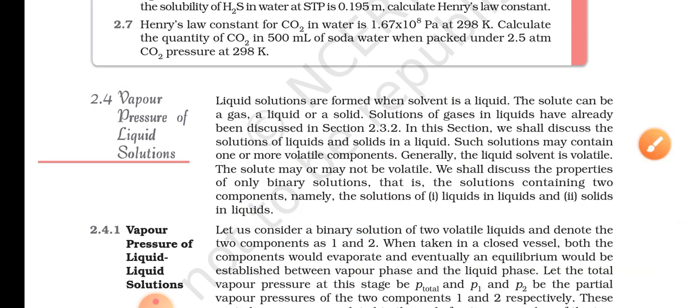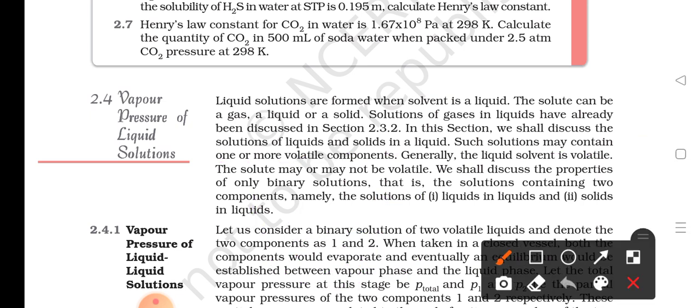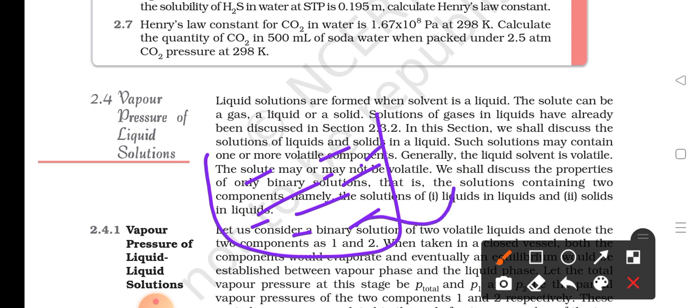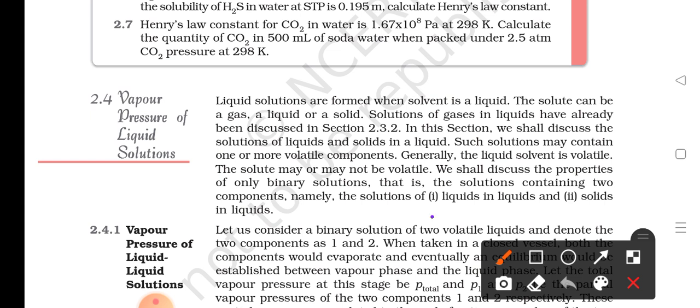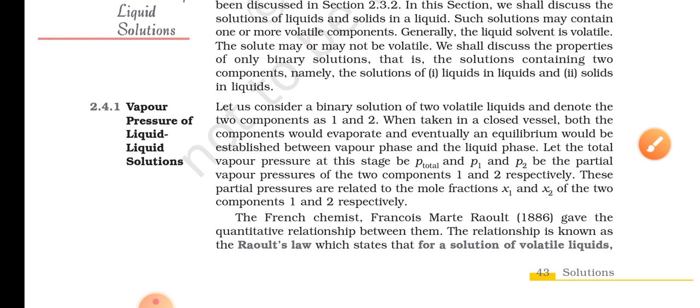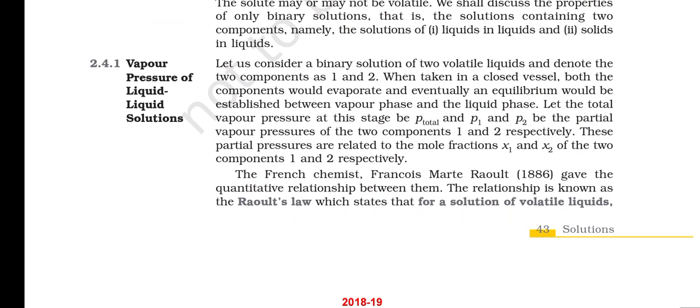But if we take another example, like adding liquid in liquid, then both the liquids are volatile. So this solution has two volatile components, remember that. And here we are going to learn about liquid in liquid and solid in liquid. So first of all we are going to learn about liquid in liquid solution.